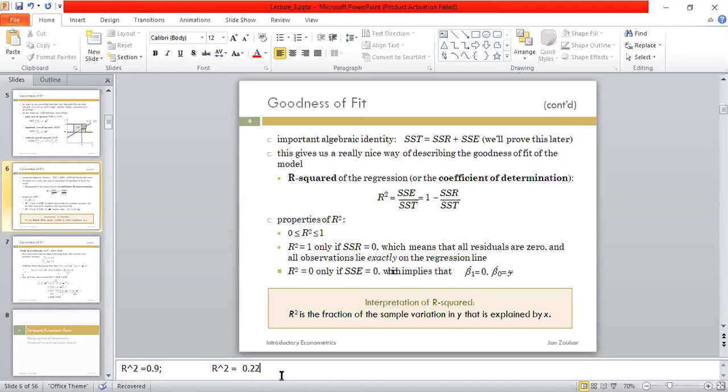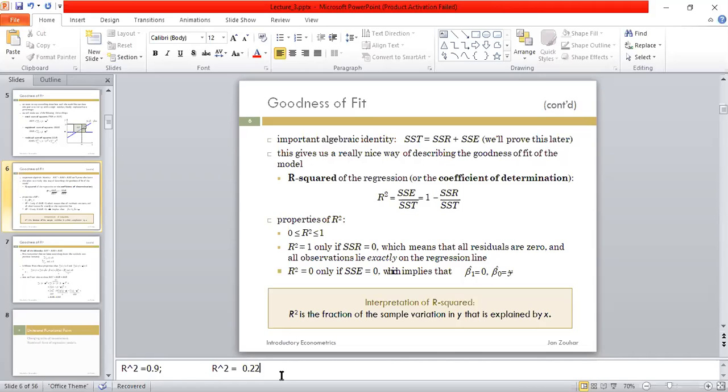Okay. So we can say it is good if it is over 50%, depending on your model. If it's a cross section, it is okay. If it's a time series, maybe not. But for us, we have to remember that R square lies between 0 and 1.